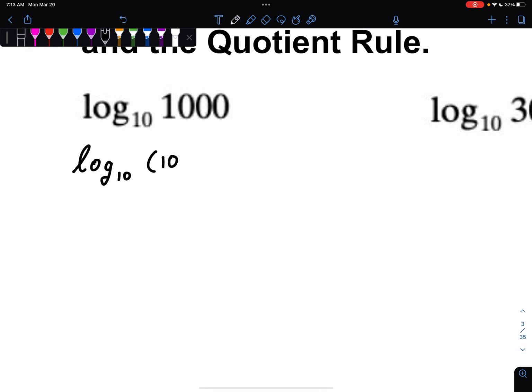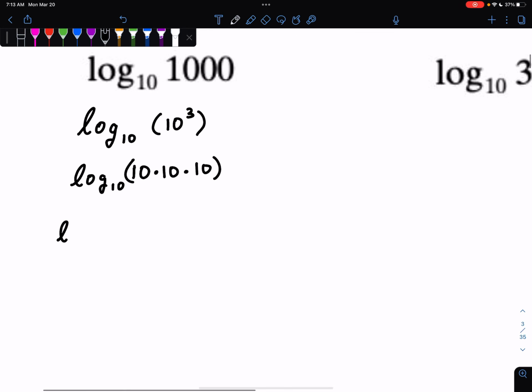So log base 10 of 10 cubed should give you 1,000. And this is log base 10 of 10. And then remember, product rule, it's multiply. So 10 times 10 times 10. Right? So log base 10 of 10 plus log base 10 of 10 plus log base 10 of 10.